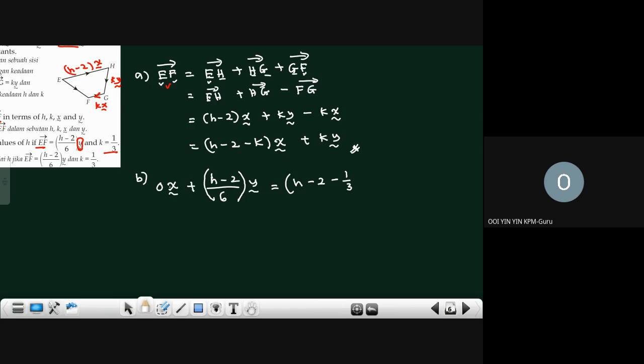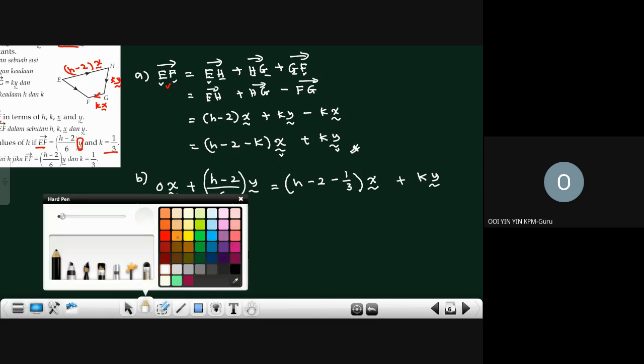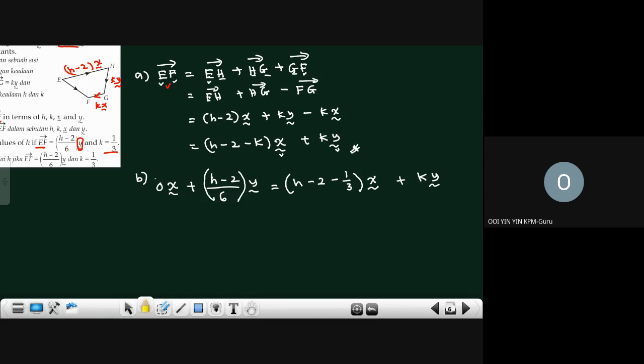So plus with this one. This one we understood. It doesn't appear, that means the constant here is 0. So they make this thing disappear. Now, why do we want to put that? Because we want to compare same as here. We have X and we have Y. And now here is your X, and then plus with your K, Y. So now we find the same terms together and then compare.